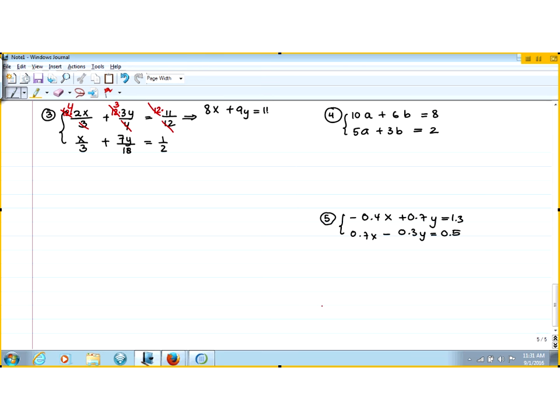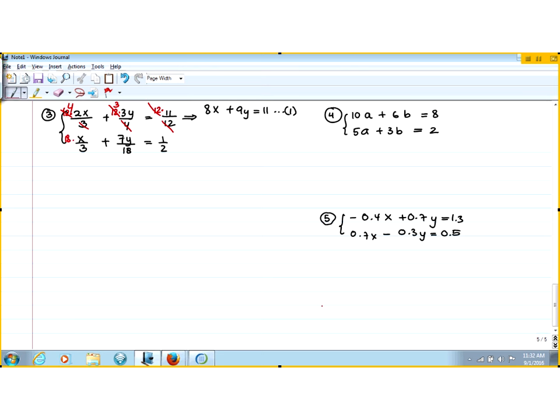So 8x plus 9y is equal to 11. So this is my first equation. I'm not gonna label my fractions. So this is my label, 8x plus 9y equals 11, because that's what I'm going to be working with, right?